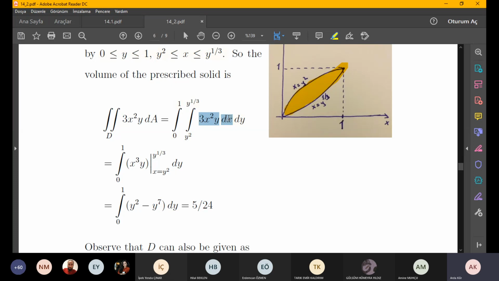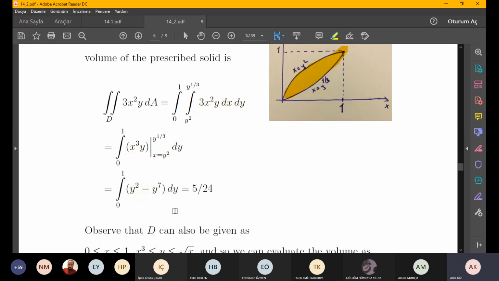Integrating 3x squared y with respect to x gives 3 times x cubed over 3 times y, which is x cubed times y, and you compute it between x equals y squared and x equals y to the power 1/3, and you will get y squared minus y to the power 7. Always remember that you have to find a value in terms of y here, and then integrate it with respect to y between 0 and 1.